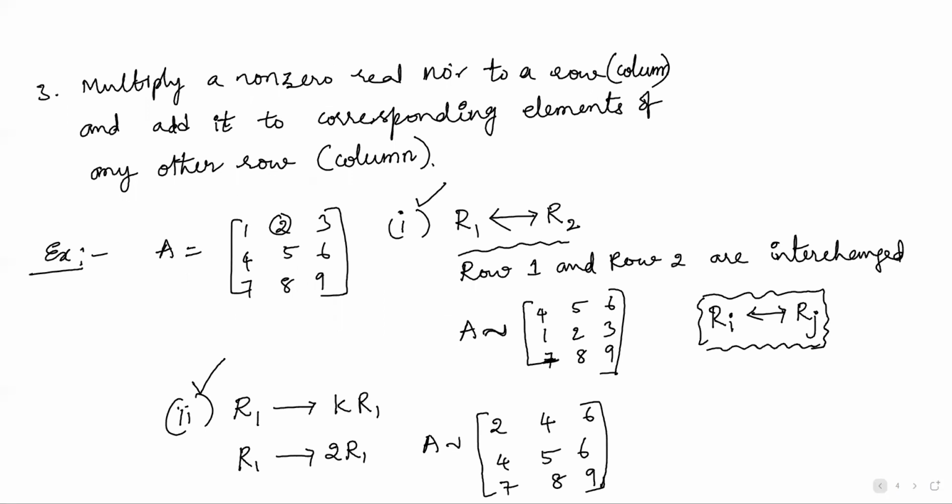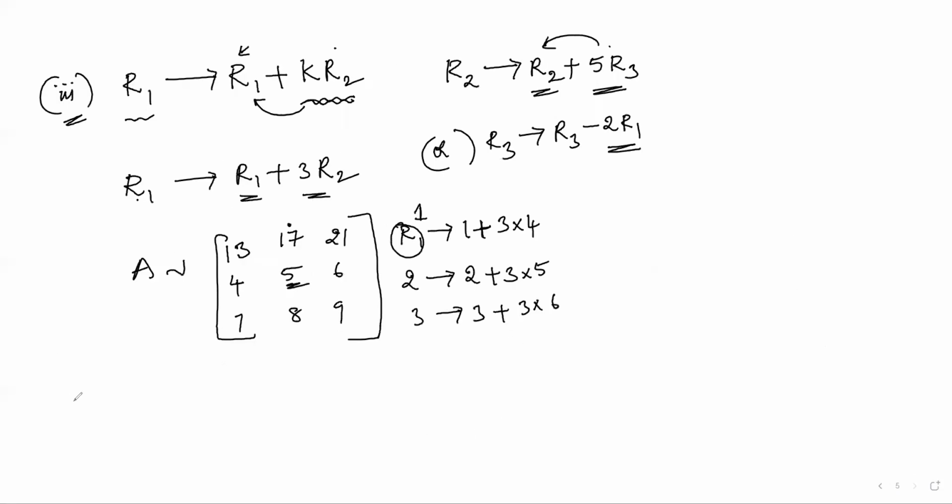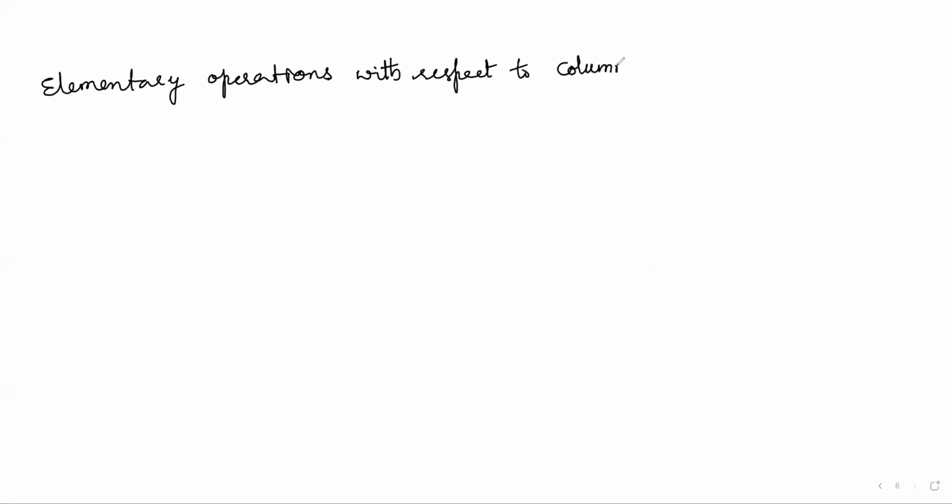Elementary operations with respect to rows. You can do the same thing with elementary operations with respect to columns. So now let's say quickly, elementary operations with respect to columns.